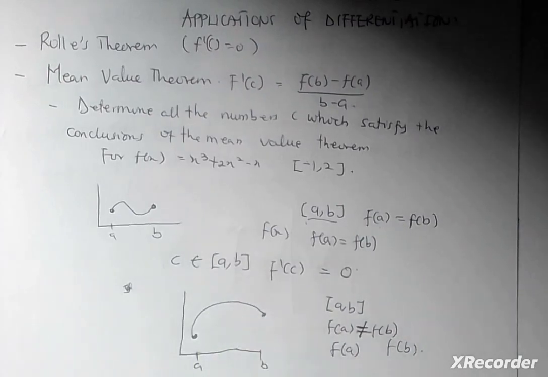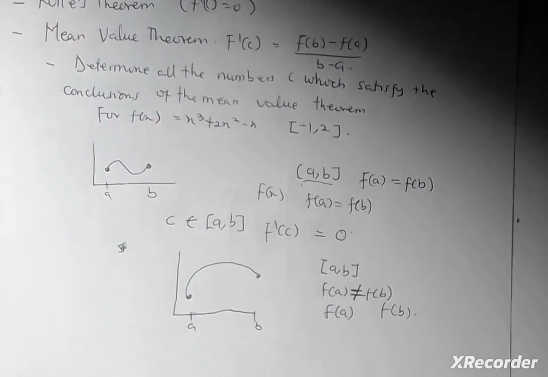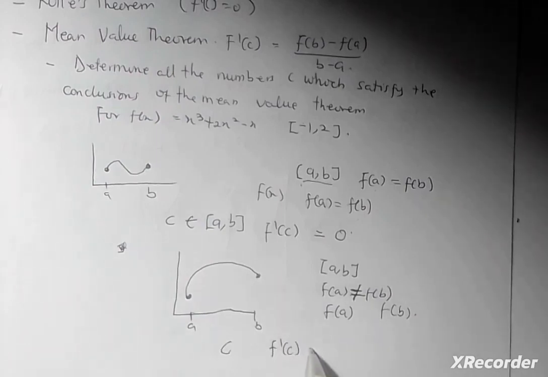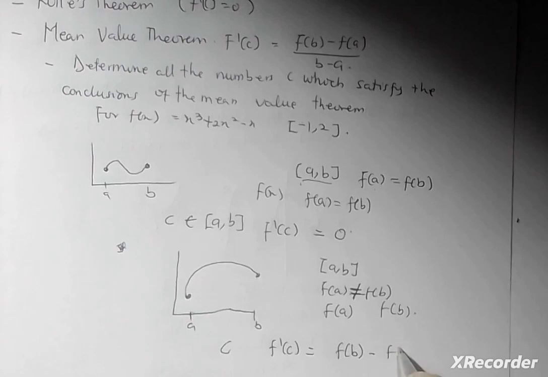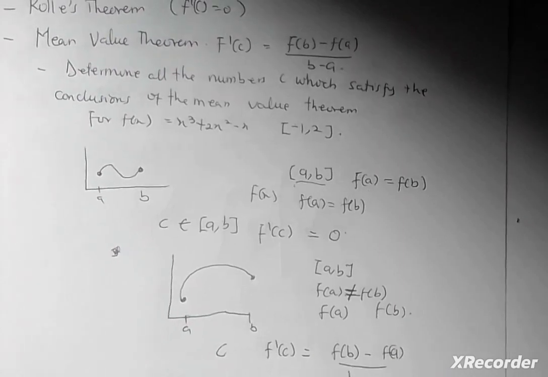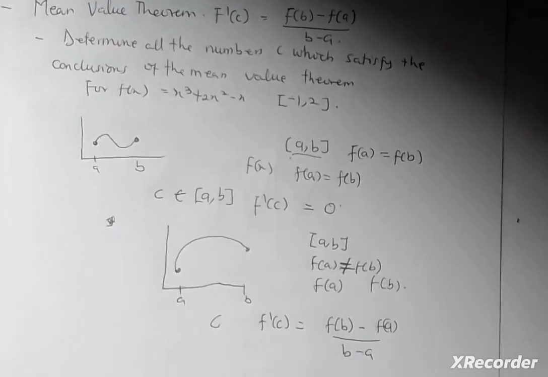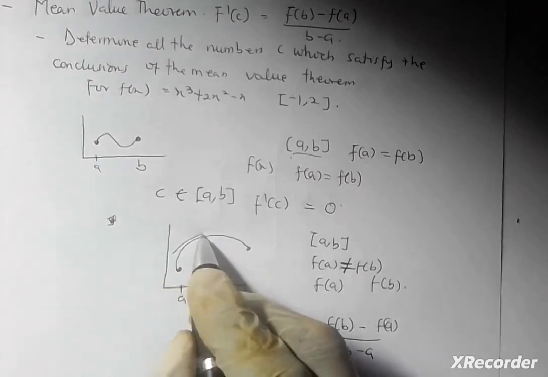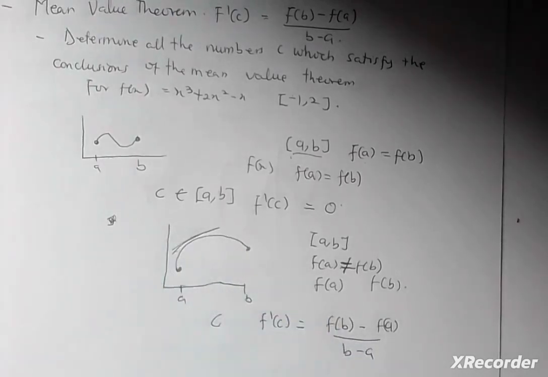And when I have this, what the mean value theorem is saying is that there is a particular number c, so that f'(c) is always equal to (f(b) minus f(a)) all over (b minus a), which happens to be the gradient function. So all that it is trying to say is that there is a particular c which will satisfy this gradient function we have here.